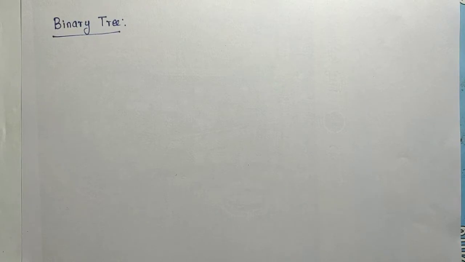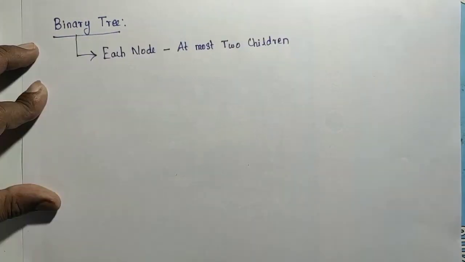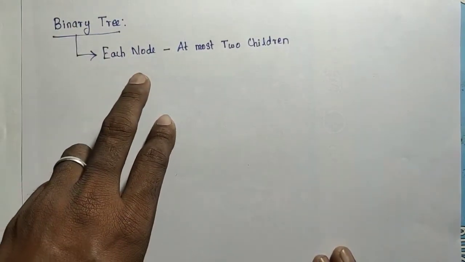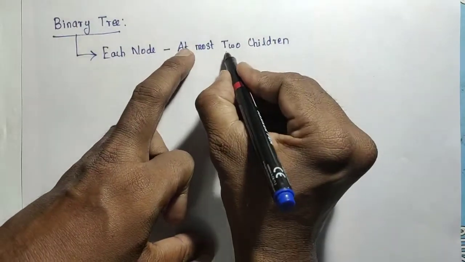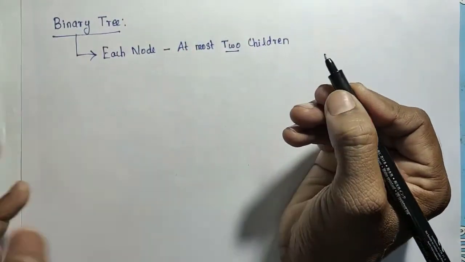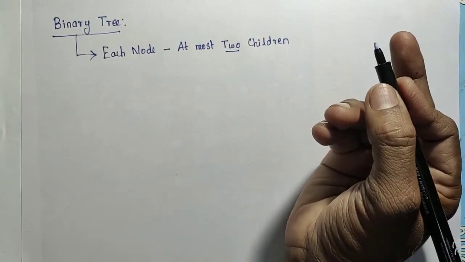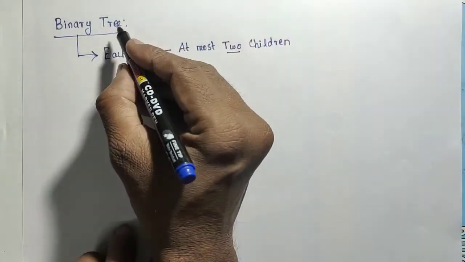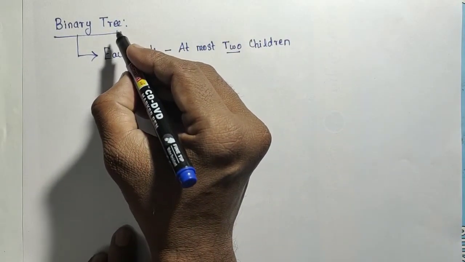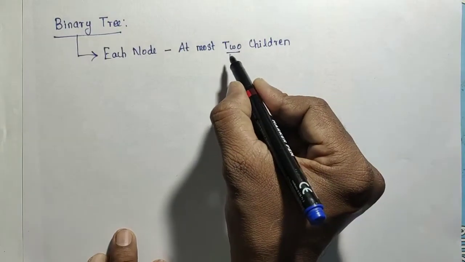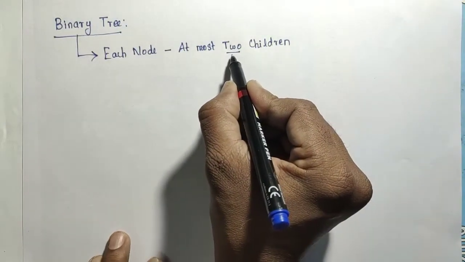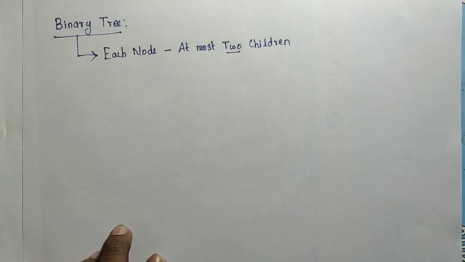That is the definition of the binary tree. Each node can have at most 2 children. At most means not exactly 2 children, at most 2 children. It is a tree in which, if you restrict the number of children to be added to a maximum of 2, then it will be considered as a binary tree.